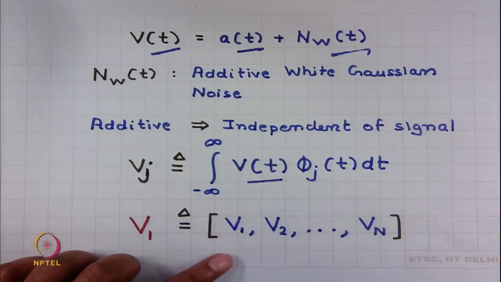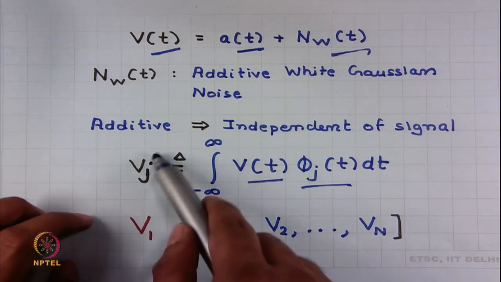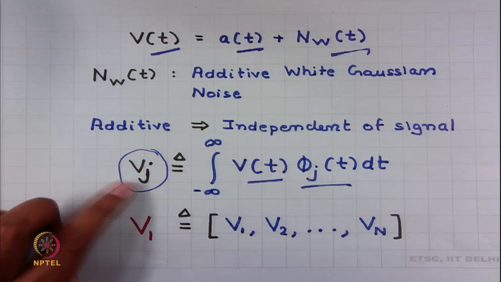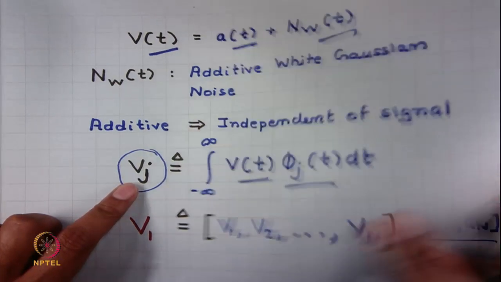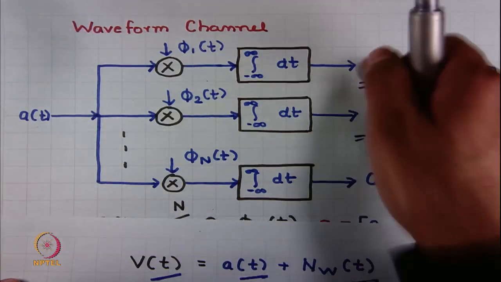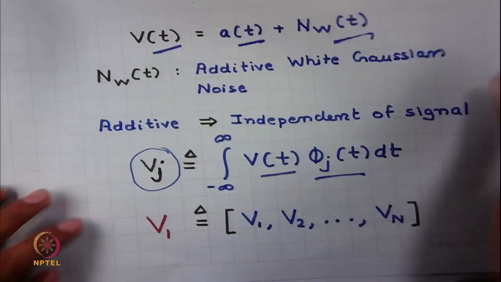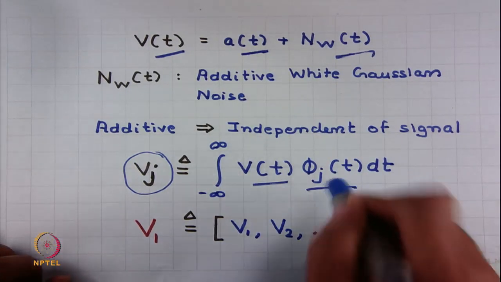All right. So I have a random process V(t), and I pass this random process through that bunch of orthonormal functions that I have, and I extract an element of a vector in the same way as I was extracting the elements of the vector A. So I pass this random process through a deterministic function. I already know what this is.